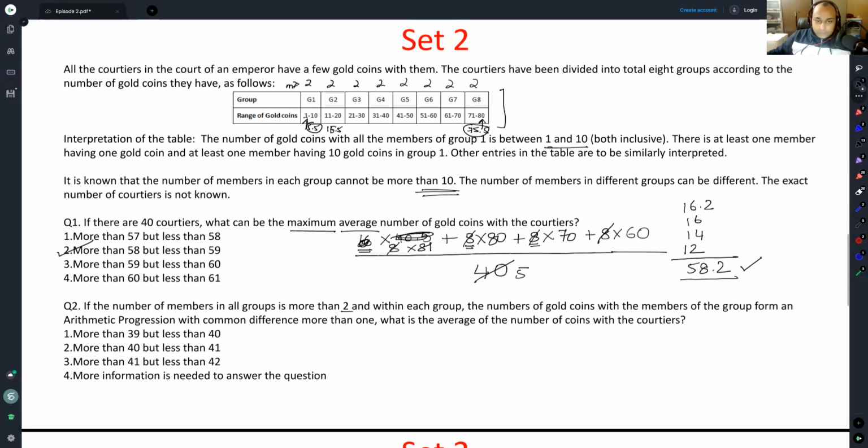Look at this. We are first looking at G1 only. You have member 1 having 1 gold coin, and you have some other member, let's call this member n, having 10 gold coins.